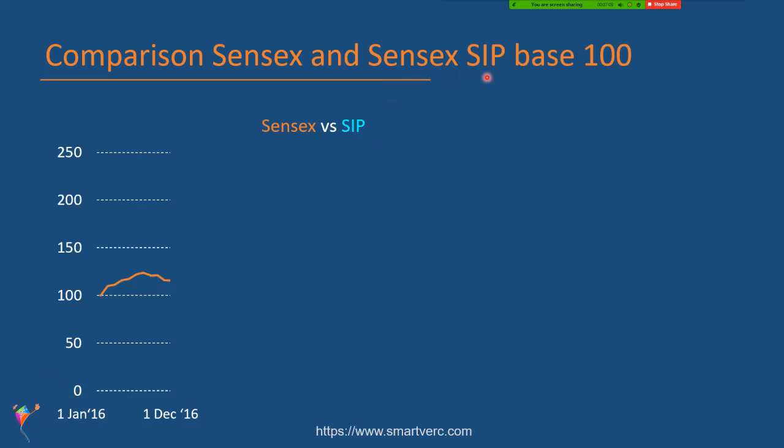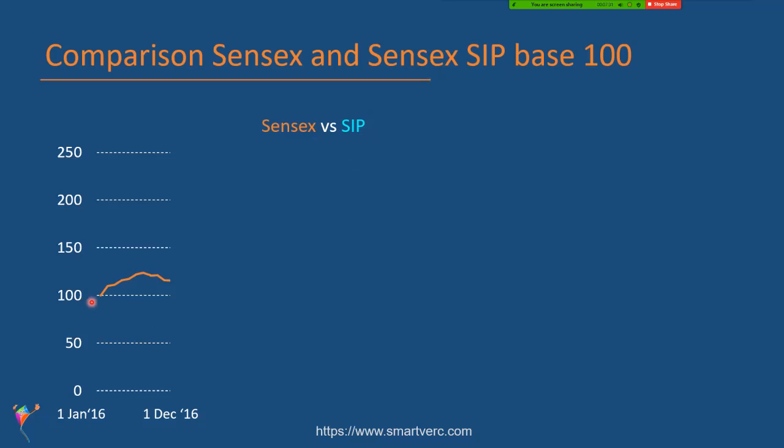Sensex SIP means every month on 1st of every month we are investing a fixed amount in Sensex. So what would be the difference? The orange colored chart is for Sensex and the light green colored chart is for Sensex SIP.